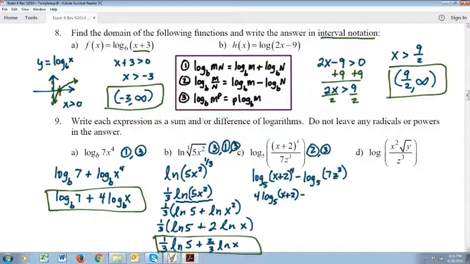And then notice on the second log, I've got the log of a product, and I'm going to go ahead and use the product rule there. So again, I'm going to need parentheses here because it's minus this single log that I just broke into 2 logs. So the minus applies to both of these logs.